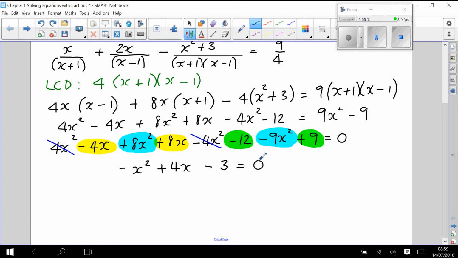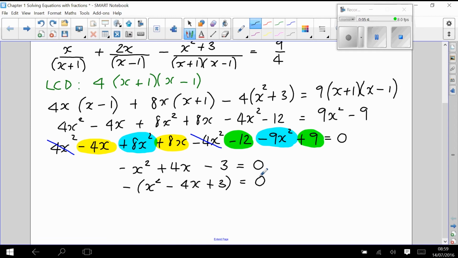Now, when I want to solve this quadratic equation, it's very difficult to use the trinomial method while my x squared term is a minus. So I'm going to take out that minus as a highest common factor and change the signs of all my terms. In the following step, I divide both sides by that constant. Now I'm allowed to divide by a constant because it doesn't affect the solutions that I'm going to get.